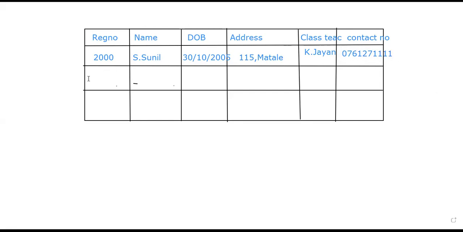So let me add another row here. So here let me say 2001 is the registered number, and the name of the student is going to be Ramesh. So what you see here, name is the name of the student, and the date of birth 30th 9 2005.